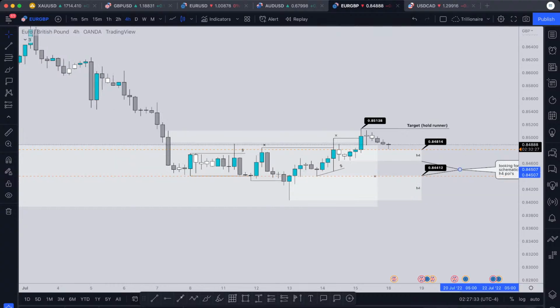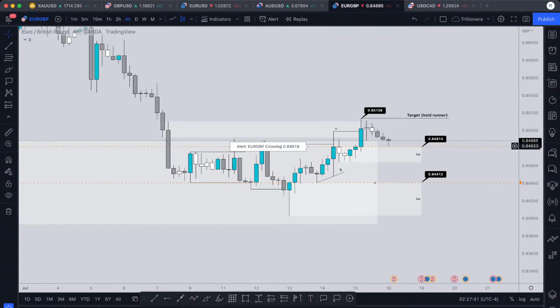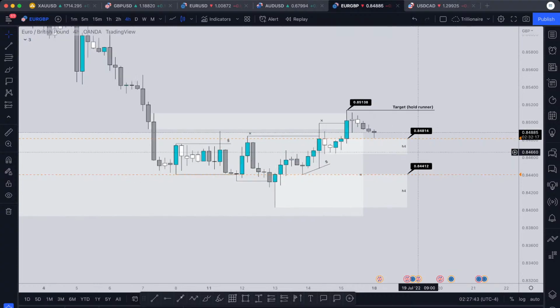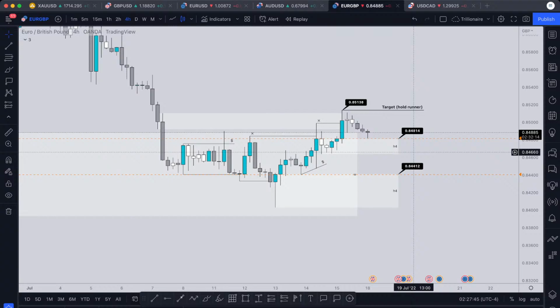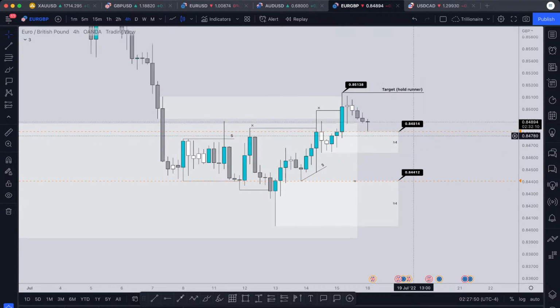Here we go. My first area or point of interest that I'm looking to buy from on Euro GBP is going to be this area right here, around 0.84814.